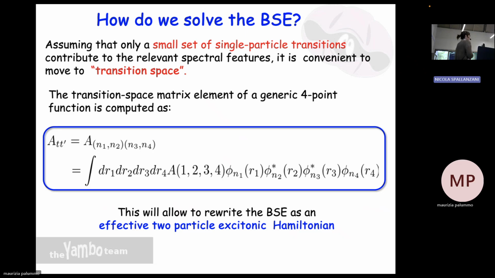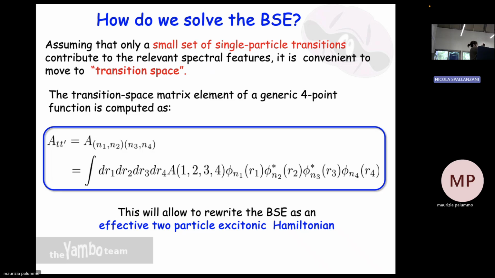Now, how is this equation solved practically? What codes generally do is try to rewrite the equation in the transition space. Because generally, when you want to describe the optical properties of a material, not all the transitions are possible.